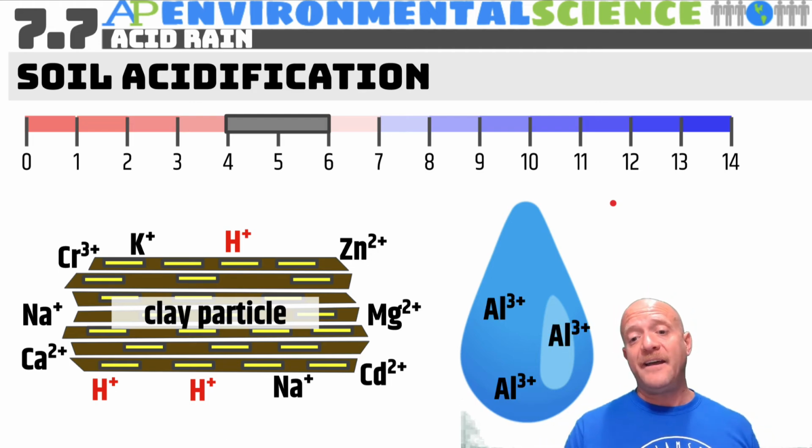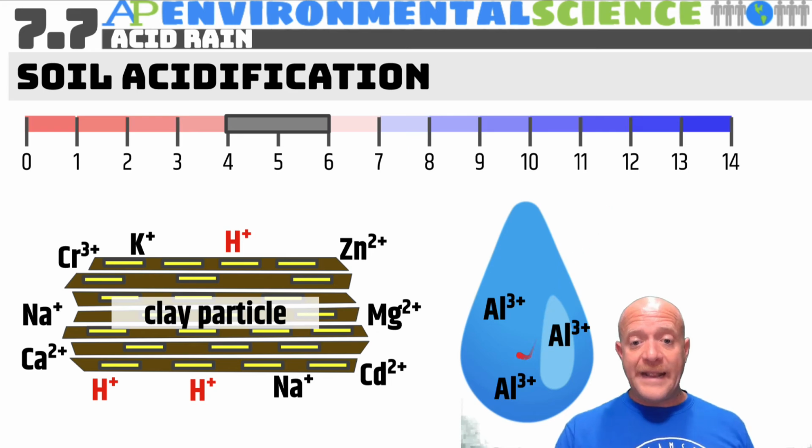Now, a positive cation like aluminum is not something plants want. It's toxic to the plants. So if you have aluminum in your soil, the aluminum is better held by the clay particles, and holding it in the clay means that it will not run off and enter plants. But once you have acidified soil, the clay particles are not as able to hold on to some of these toxic heavy metals like aluminum, like cadmium, like chromium.